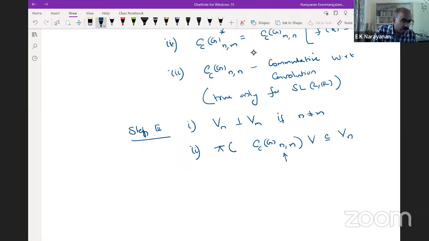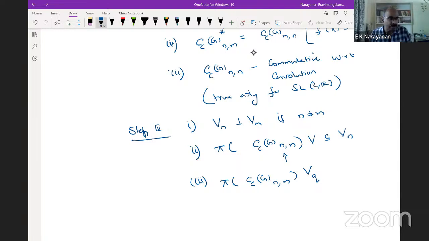And there is one more. 3. Pi of C_c(G) n,m acting on V sub q. So what is q? q is again some integer. V sub q is all those vectors in V that transform according to the qth character of K, right? That we had defined.